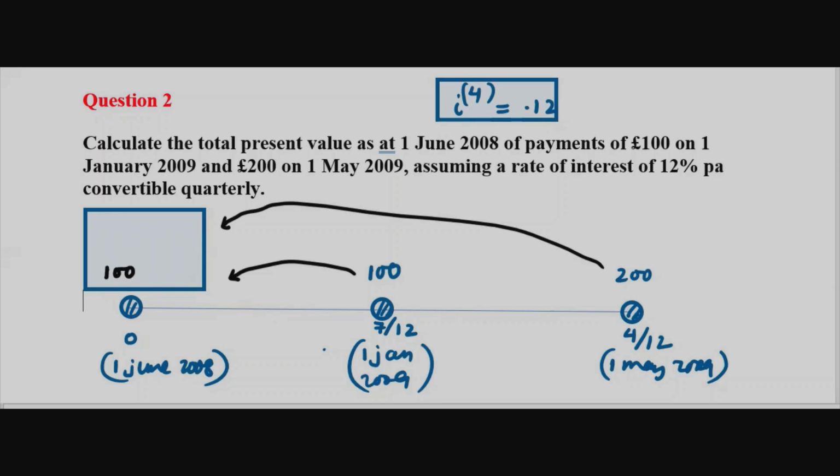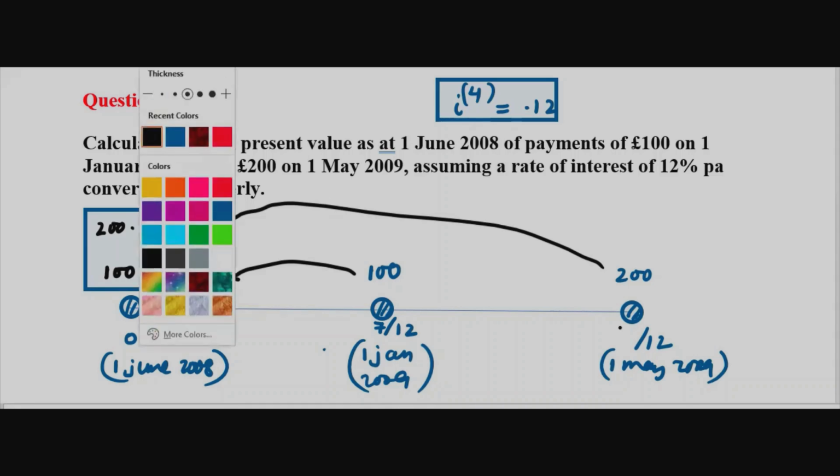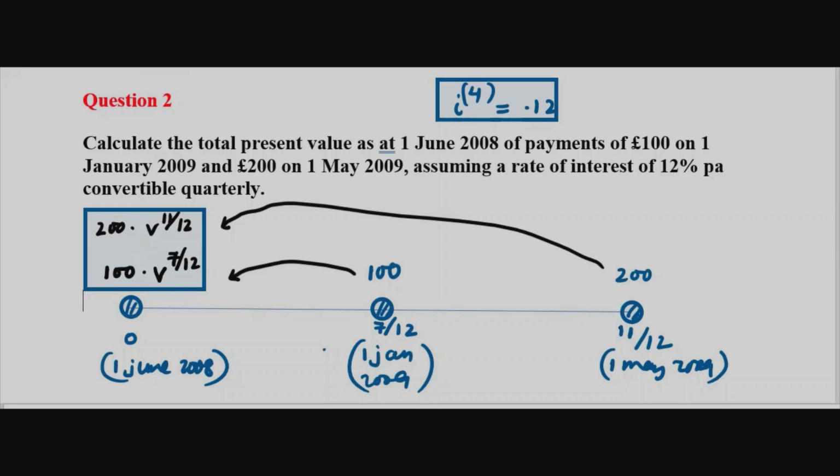Either you make it monthly or directly you can find this value, V to the power 7 by 12, and for 200, V to the power 11 by 12, because I'm counting from here. So you have to find these two and add them, that's all. What is V here? V is 1 upon 1 plus I.